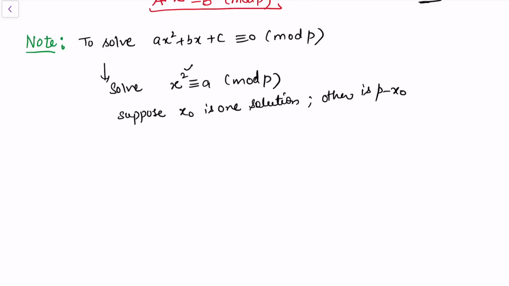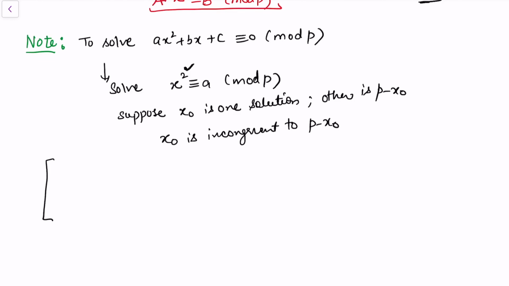By the degree, because this is a quadratic congruence, by Lagrange theorem we know there are at most 2 incongruent solutions. So we also say that x naught is incongruent to p minus x naught.